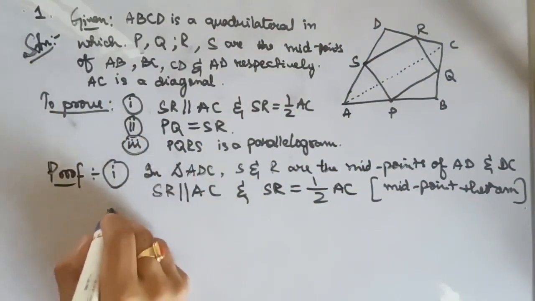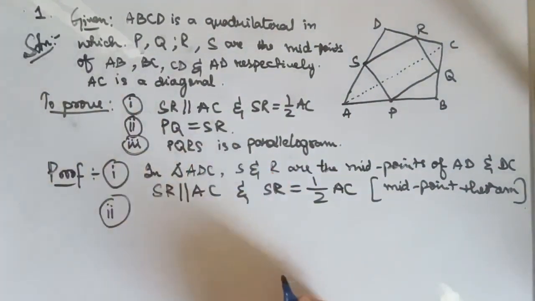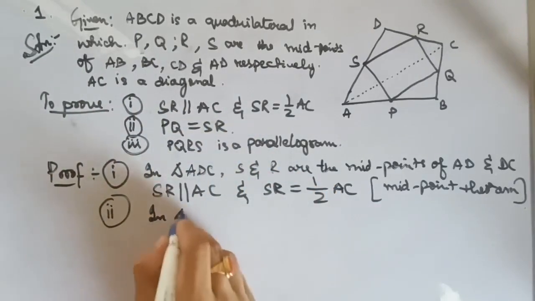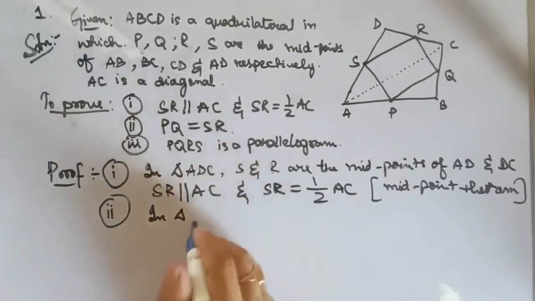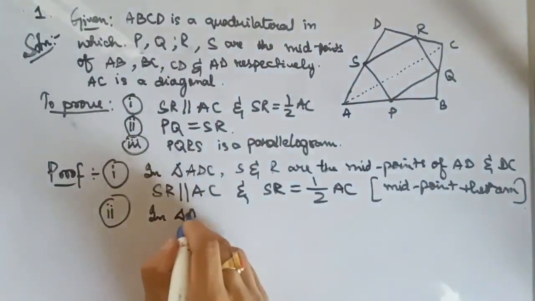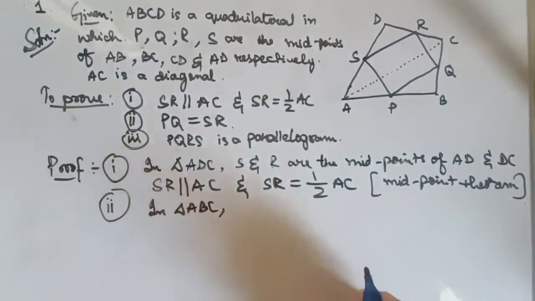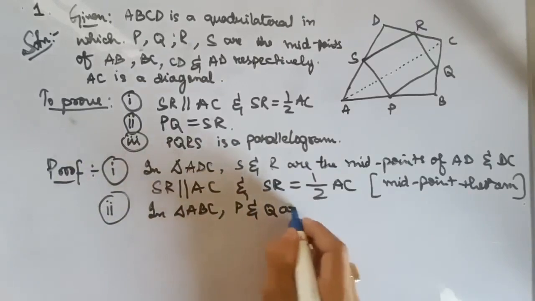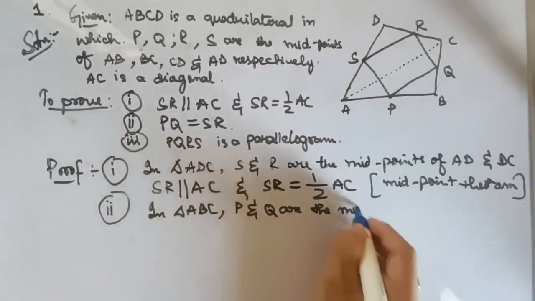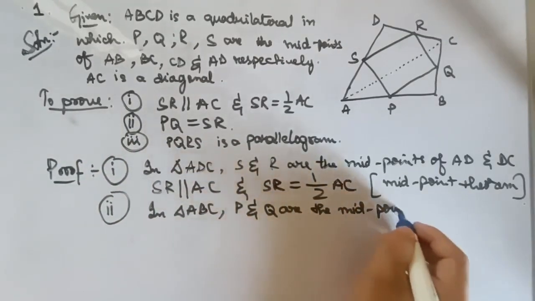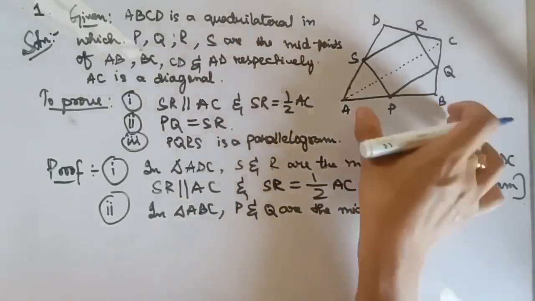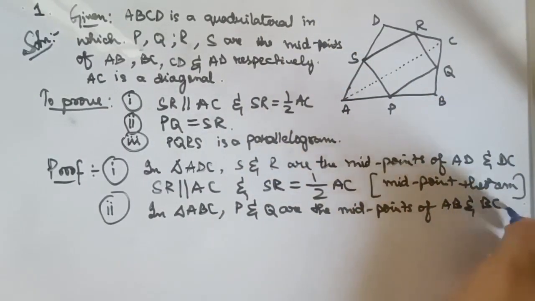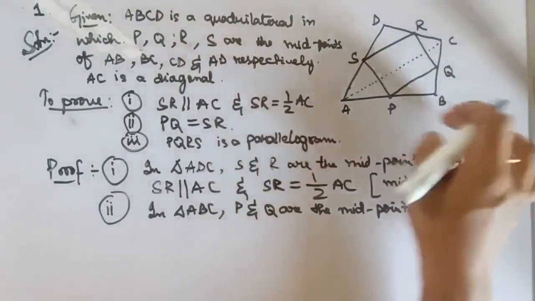to prove Roman number 2, that is PQ equals SR, we proceed in the same way in triangle ABC. In triangle ABC, P and Q are the midpoints of the sides AB and BC. These are two sides of the triangle ABC.